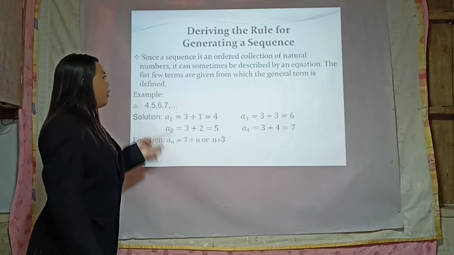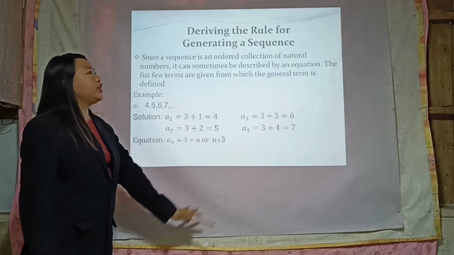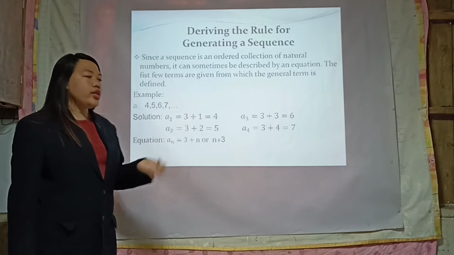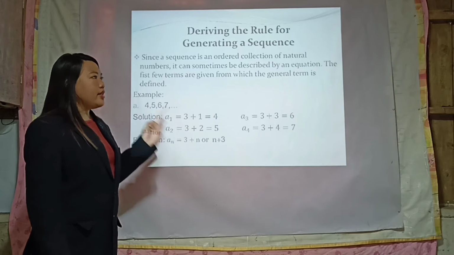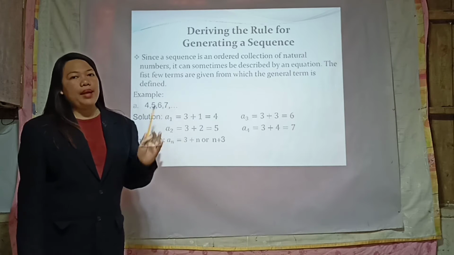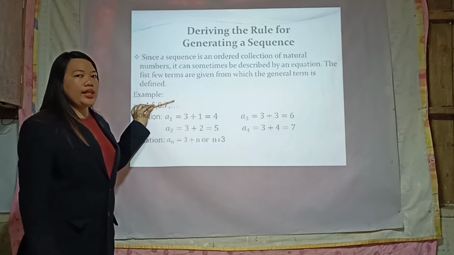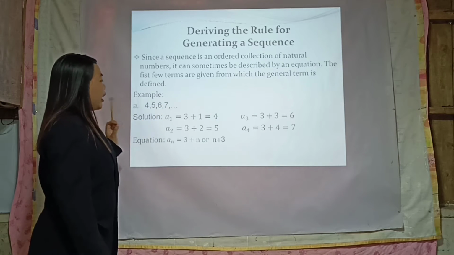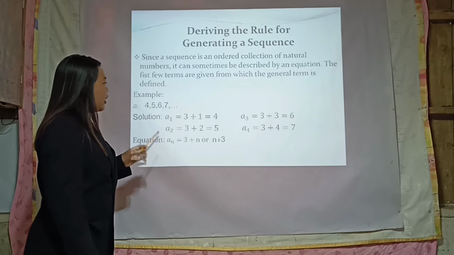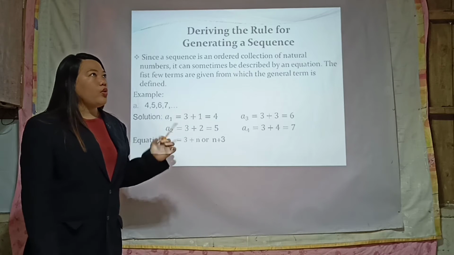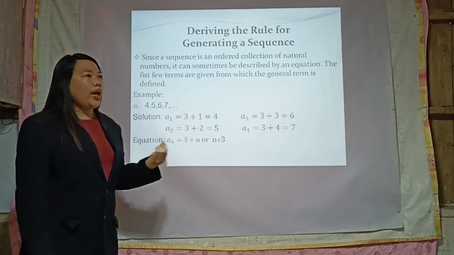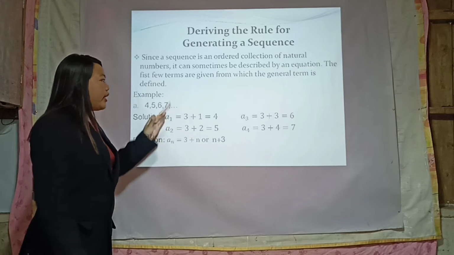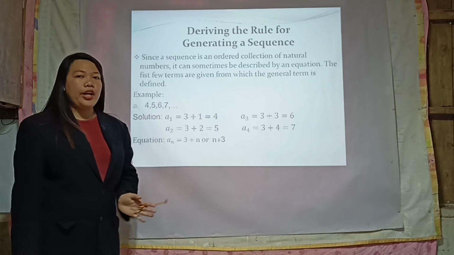In finding the formula of the first term or second term, we use a sub n is equal to n plus 1. In this example, we still use a sub n is equal to, but first, we will find out what number we will add to n in order to get the first term.